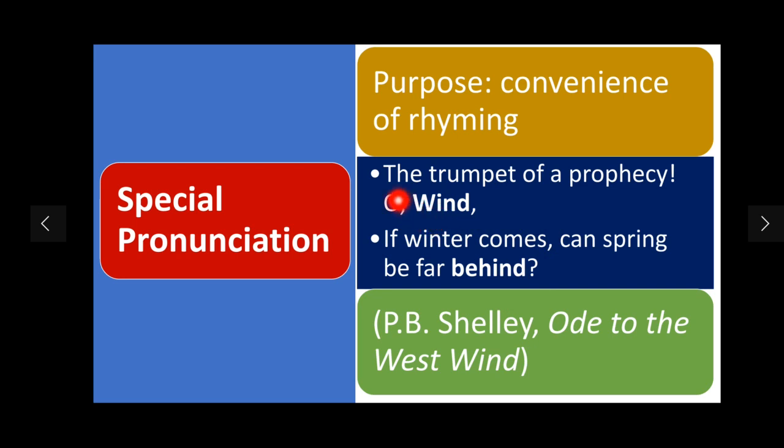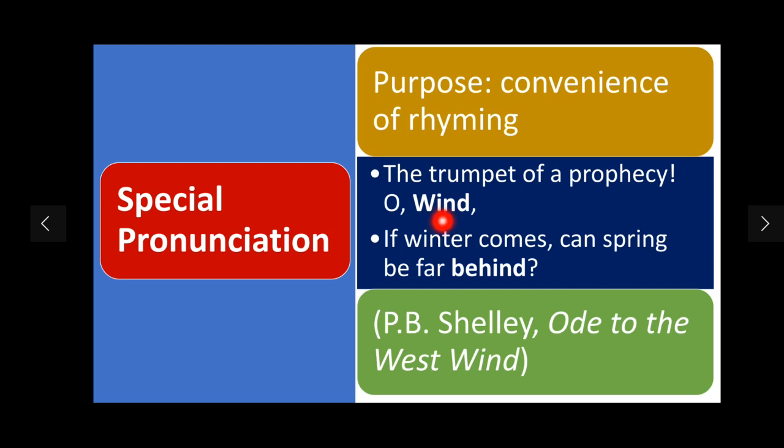We will say, "The trumpet of a prophecy! O wined, if winter comes, can spring be far behined?" So in order to rhyme these two words, we will mispronounce it, and then we will call it spatial pronunciation.